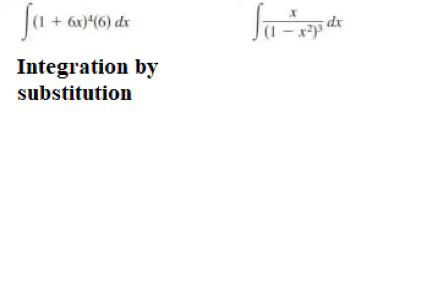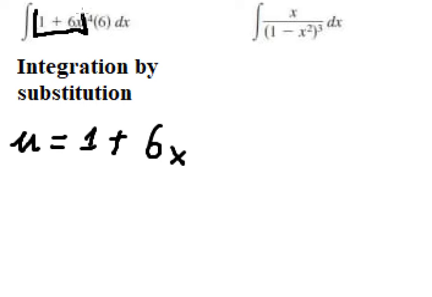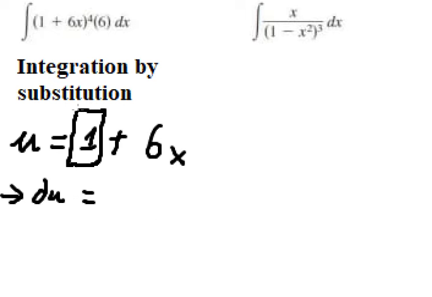In this situation, I can put u equals 1 plus 6x. That should be from here. So if we do the first derivative for both sides, the first derivative of number 1 is a constant, so you get 0 in here.